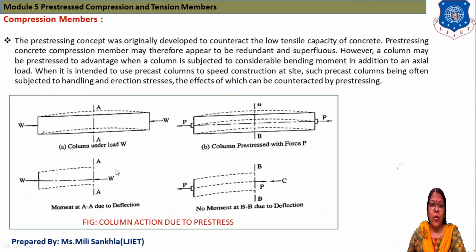Look at this. In first figure, the column is subjected to only the external load. This one is not the case of prestressing, and here the column section is subjected to only prestressing force. Look at this. This one is the tensile force applied by tendons, and in that condition there is no deflection, column will be balanced by tendons and concrete.